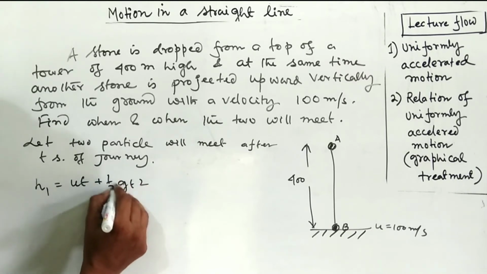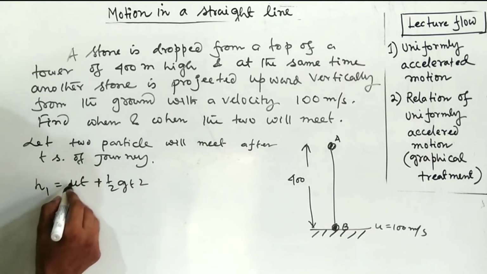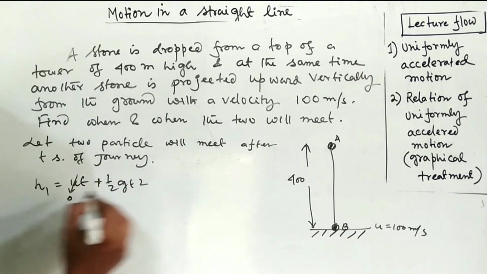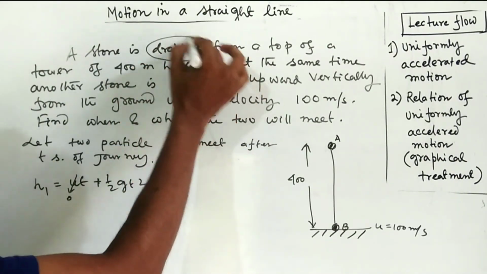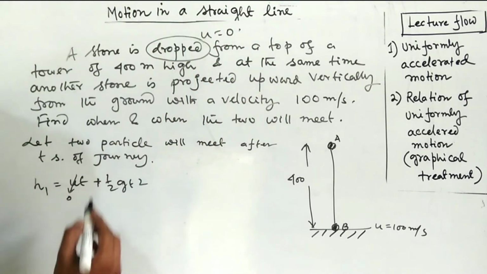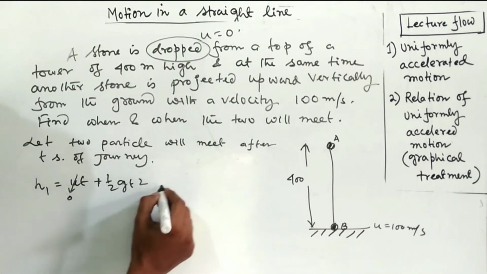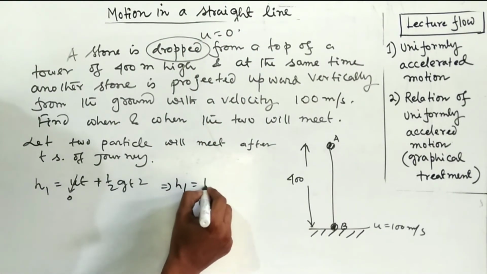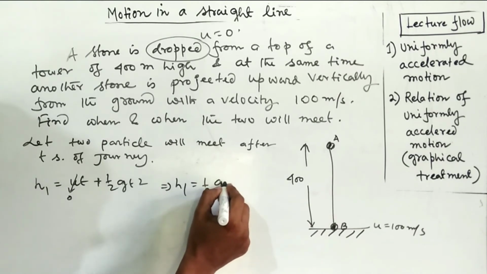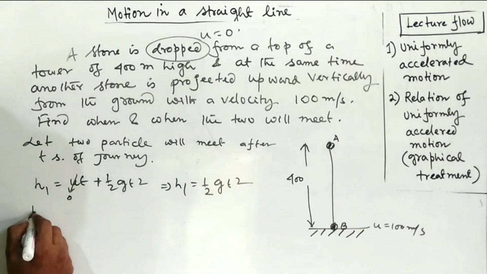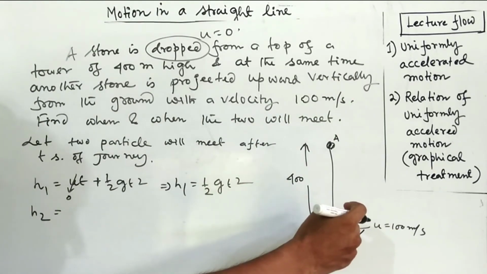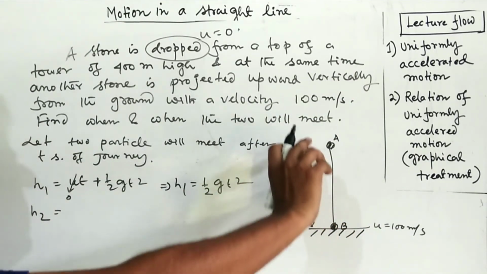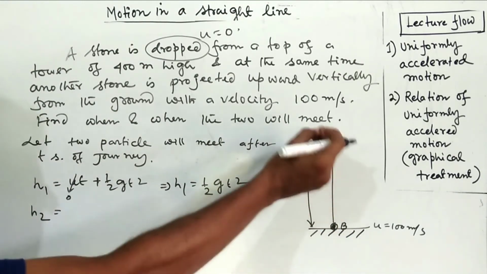G we have taken as positive, and U will be taken as 0 because the stone is just dropped. So H1 is equal to half GT square. And H2 means I don't know where they will meet, but at H2 height from the lower level they will meet.